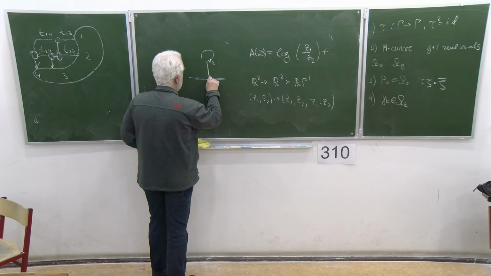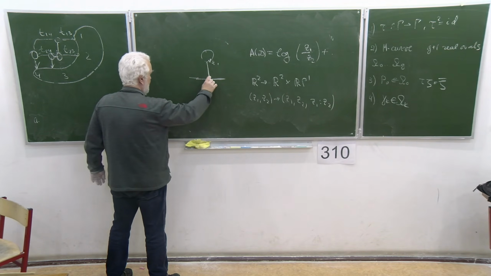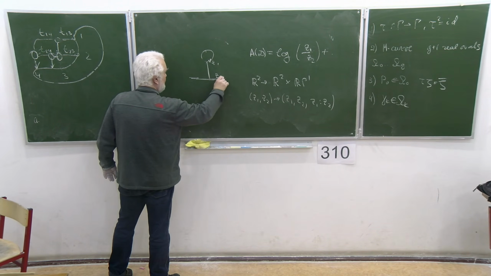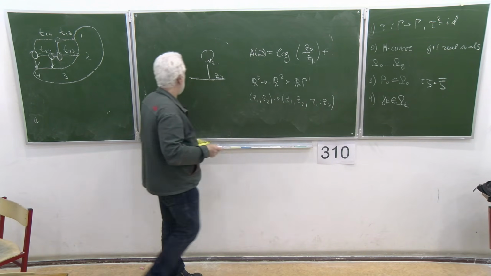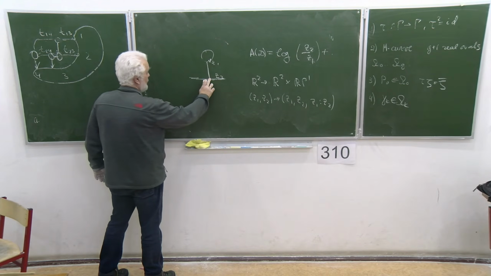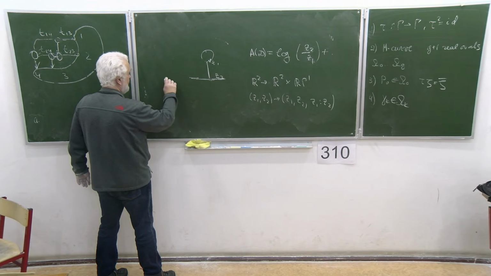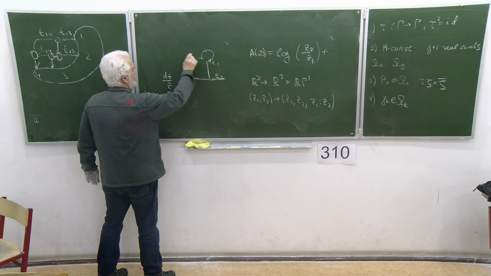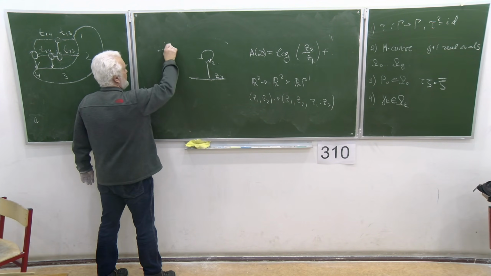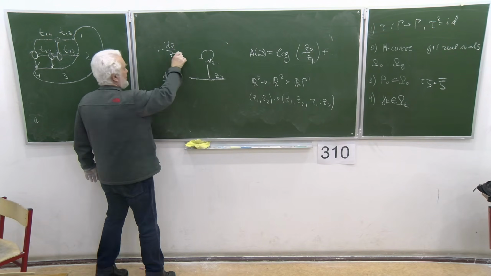So we have this omega, it is dz by z minus dz by z.